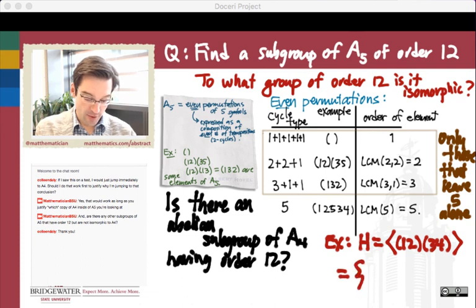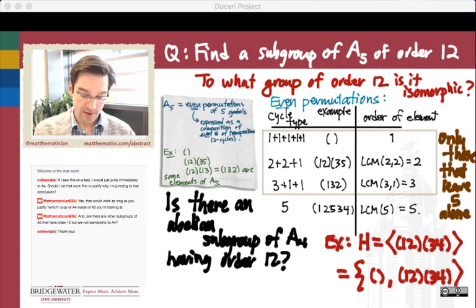And since that element has order 2, that cyclic subgroup only has 2 elements in it. Right? The set of all powers of the 2 plus 2 cycle (1 2)(3 4) consists of itself, and then the identity, because its second power is just the trivial permutation. And so this is isomorphic to the cyclic group Z mod 2, and therefore is isomorphic to an abelian group.